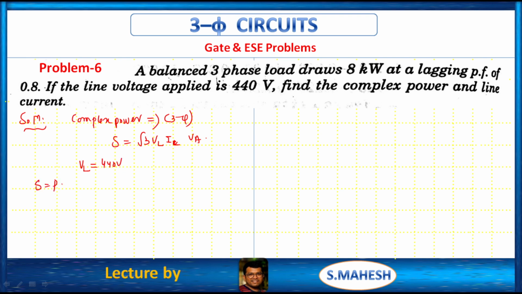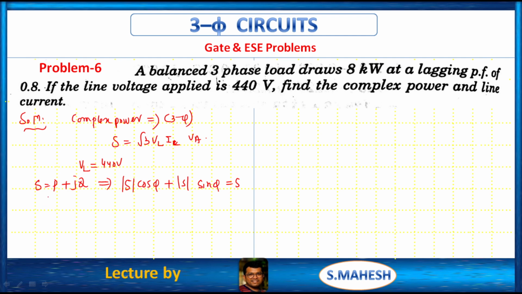S is equal to P plus jQ, that is, S is equal to mod S cos phi plus j mod S sin phi.